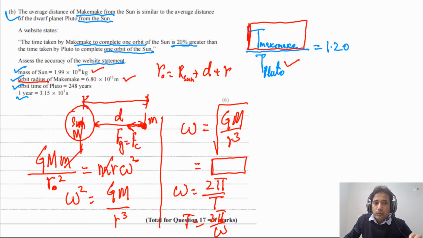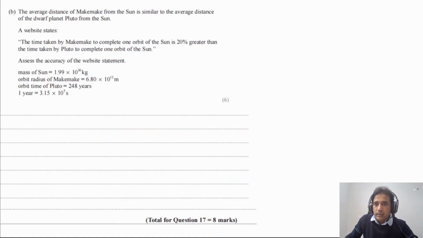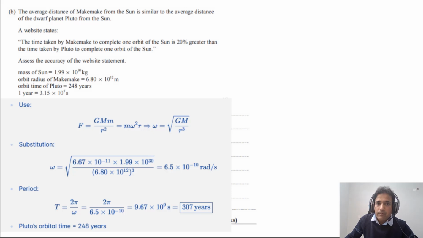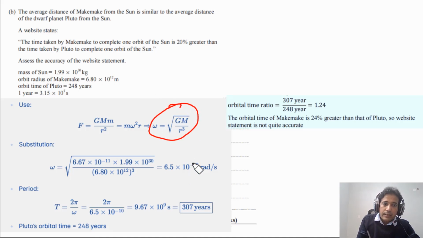Now let me show you the answer with numbers, how you can do this with numbers. I hope this makes sense to you. So I will simply clean this and show you with numbers now. So this is how we have done with numbers. First of all, we have found omega, the angular speed in this case.